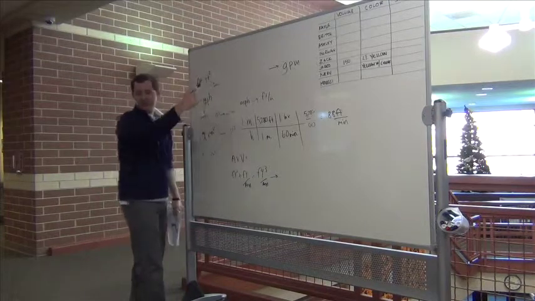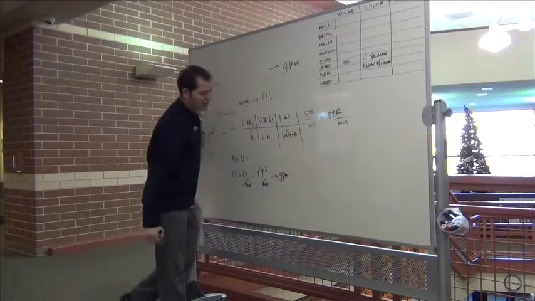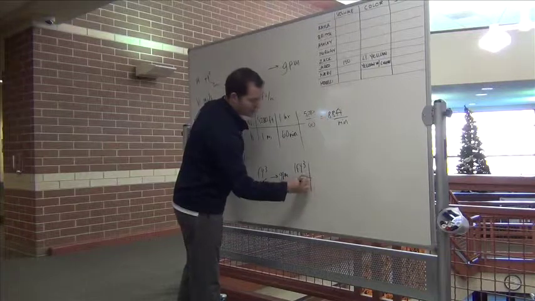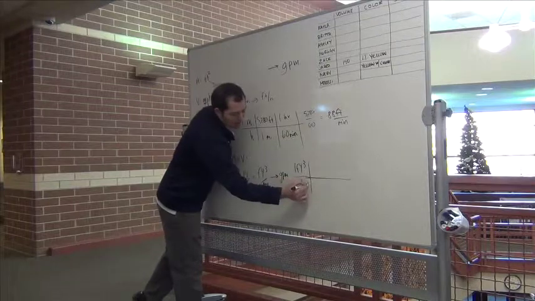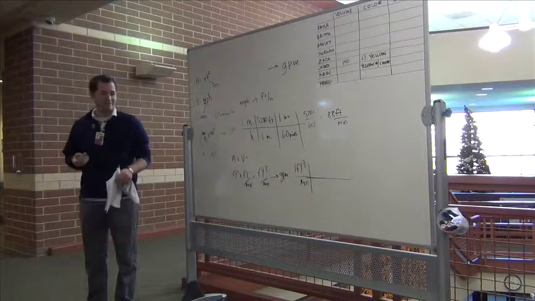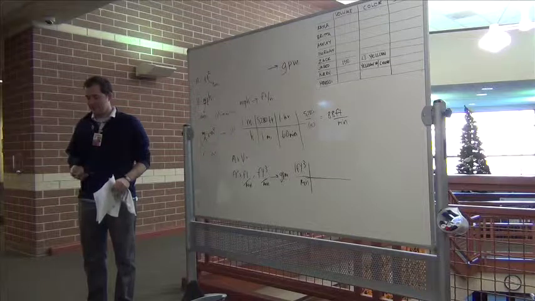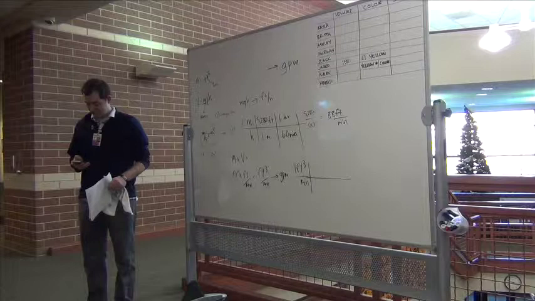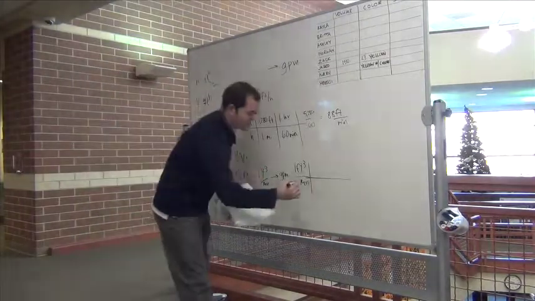Now we need to go to gallons per minute. Let's say we had 1 foot cubed per minute. What do we need to know to go to gallons per minute? How many feet cubed are in a gallon? Let me check on that. Okay, 1 gallon is about 0.134 cubic feet.